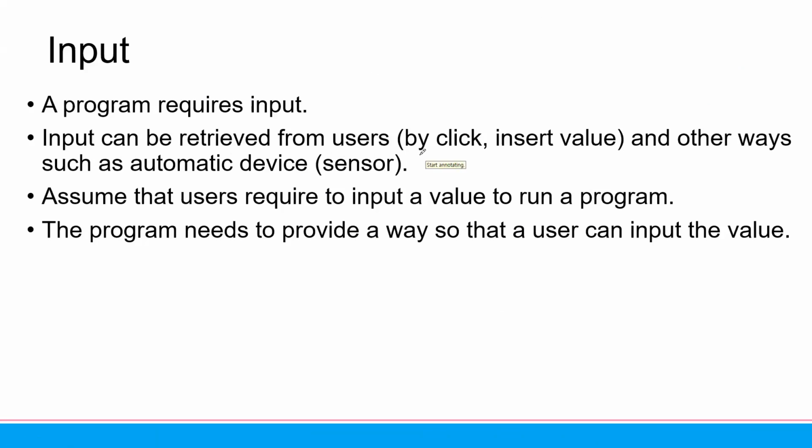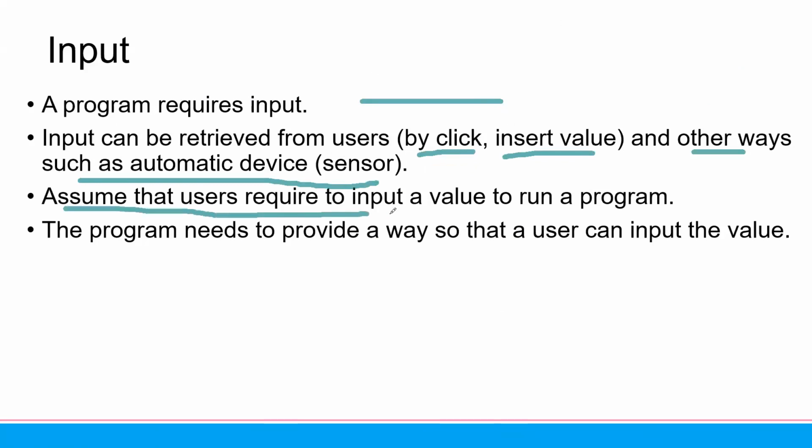Let's say I hover like this one, then there is an input in the monitor. Or you can insert a value. So if you input 5, then the value for the calculation will be starting from 5. And the other ways, such as automatic devices like sensors.